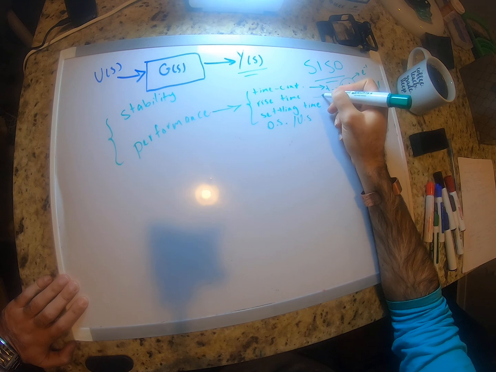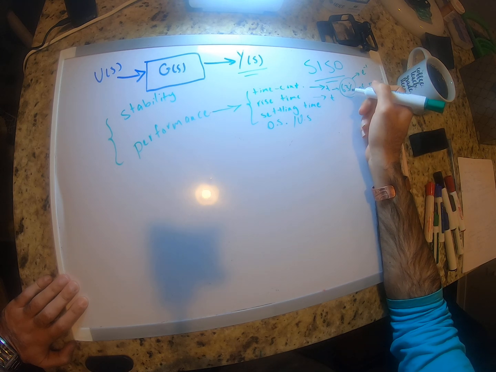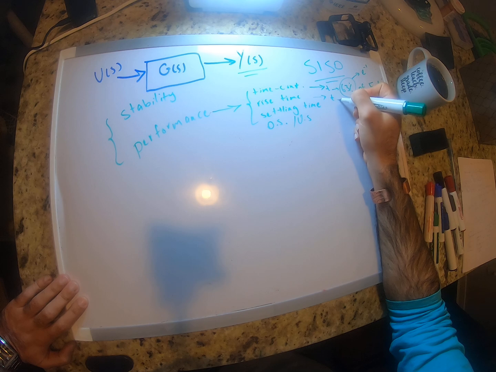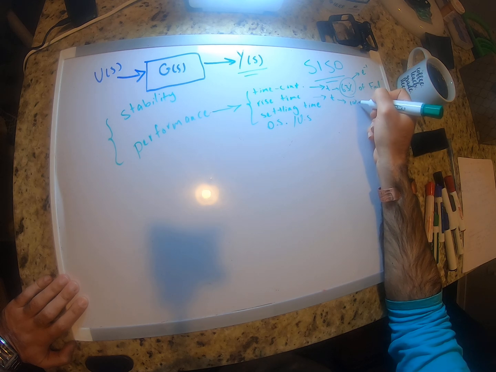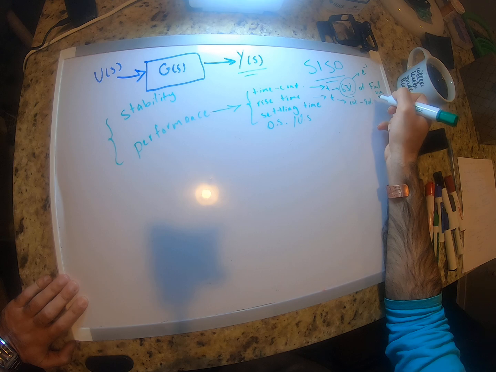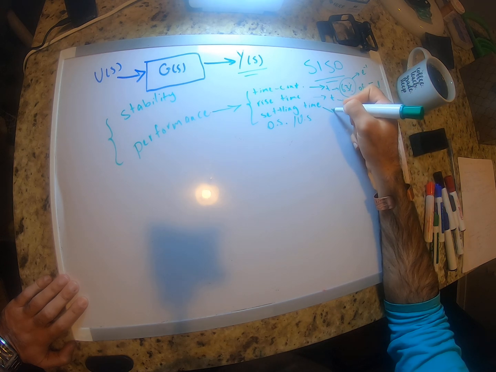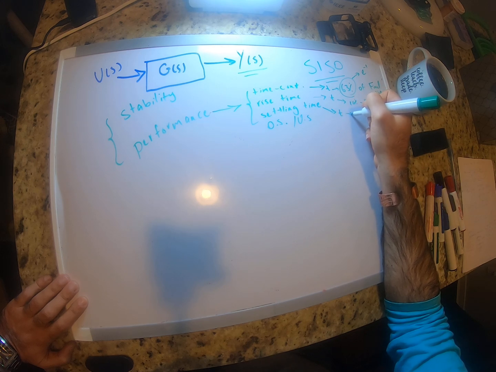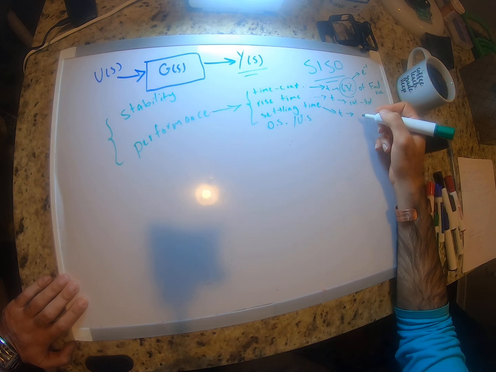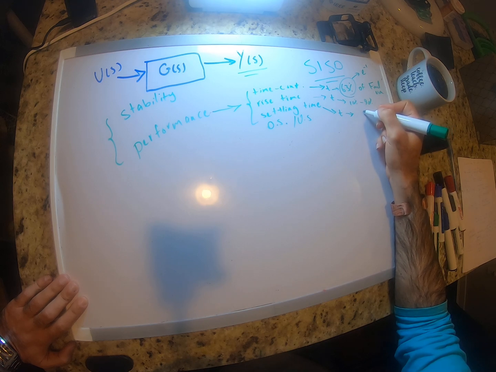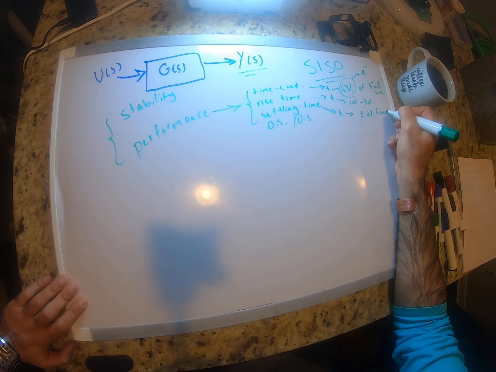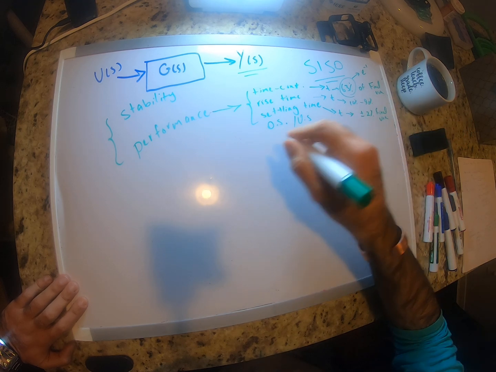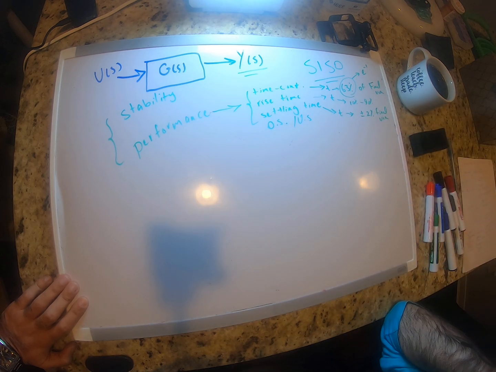The rise time is the time for our signal to go from 10% of the final to 90% of the final value. And the settling time is the time that it takes for our signal to basically get within ±2% of the final value, right? So these are some of the performance characteristics of a signal.